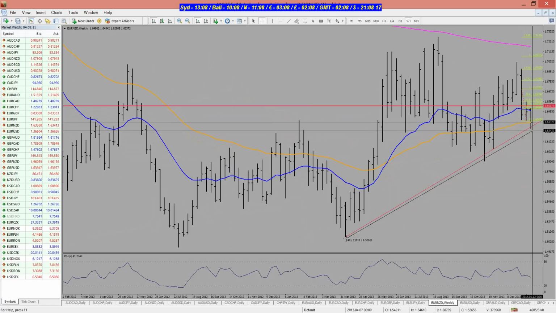900 or so pips in it. Well, there's 1,000 pips back down to there. $600 brings you here. 1,000, 1,100 brings you down here.